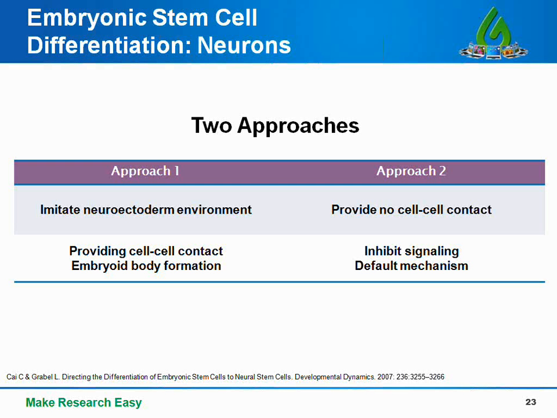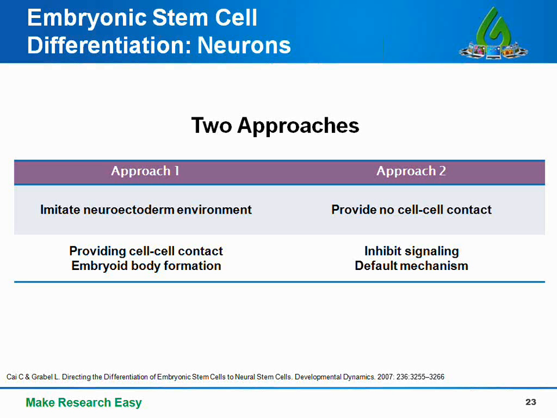So moving on from undifferentiated expansion, I want to talk about approaches to differentiating embryonic stem cells into a desired cell type. Now for neurons, there are two approaches. Approach one is to imitate the neuroectoderm environment and then provide cell-cell contact influencing embryoid body formation.